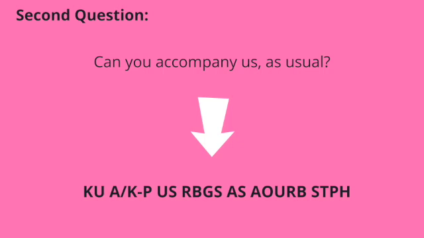Can you: KU, initial K, vowel U. Accompany: vowel A, final initial K, final P. Us: vowel U, final S. Then RBGS for the comma, and AS for "as". Then "usual", this is a brief: vowels AOU or long U, and then finals RB for SH. And for the question mark, we have STPH.